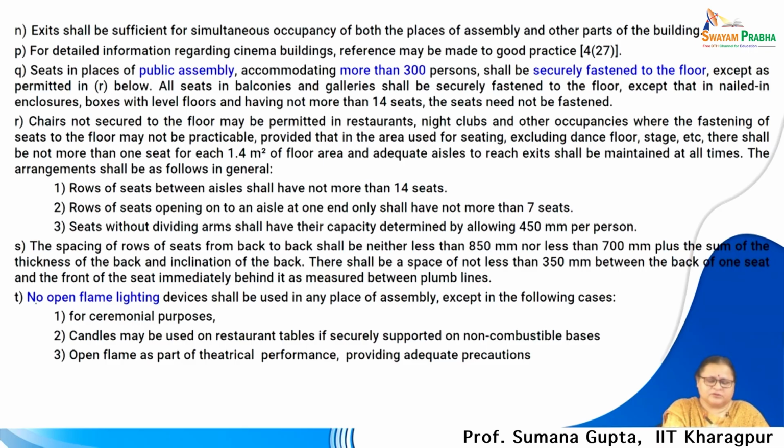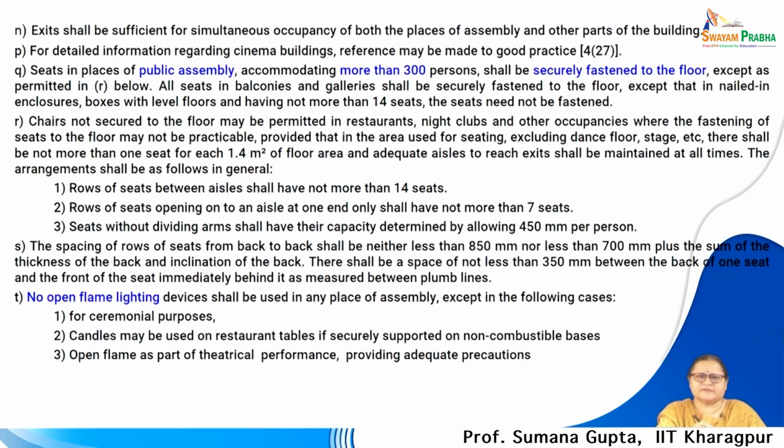Other than that, no open flame lighting. Say it is an inauguration, sometimes for ceremonial purposes with permission only, flame lights can be put on, that is open flame can be used in case of an auditorium accommodation.